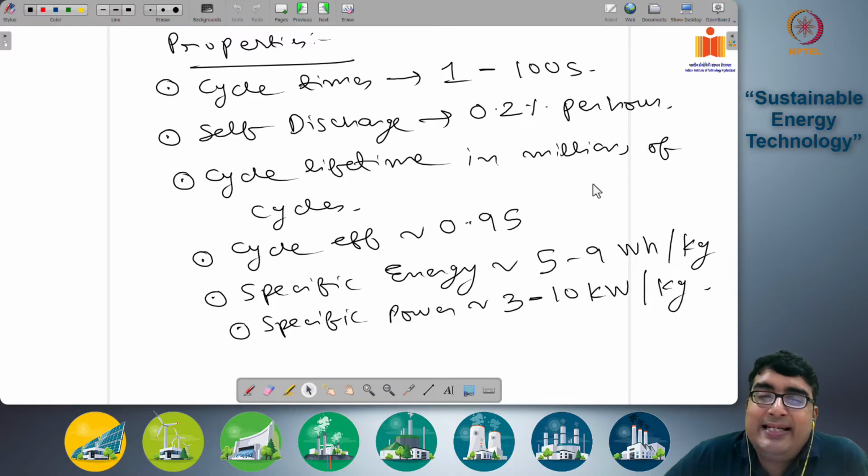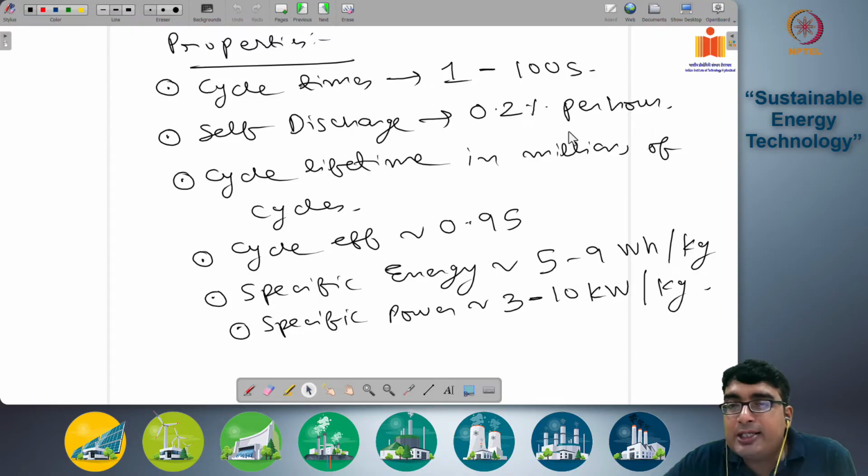Okay. It has a reasonably low self discharge rate of 0.2% per hour. So it is possible to have these types of capacitors store energy for several hours or days without losing a lot of the energy in the process. The lifespan of these capacitors as energy storage is not over a month, but if you think of diurnal energy storage, then the loss is not significant.